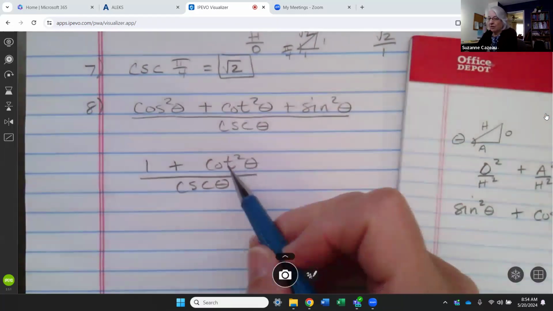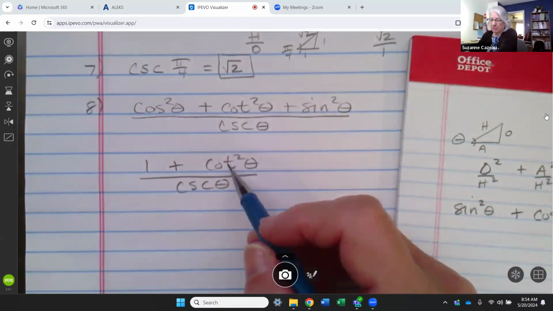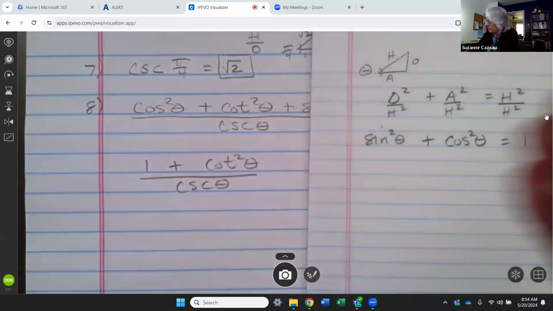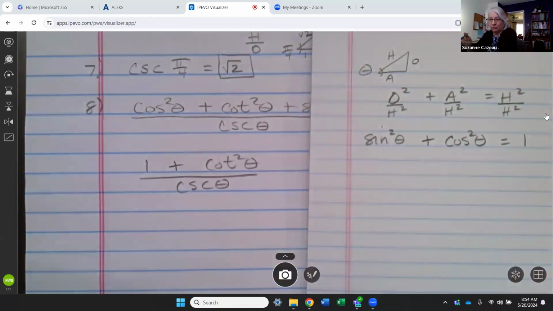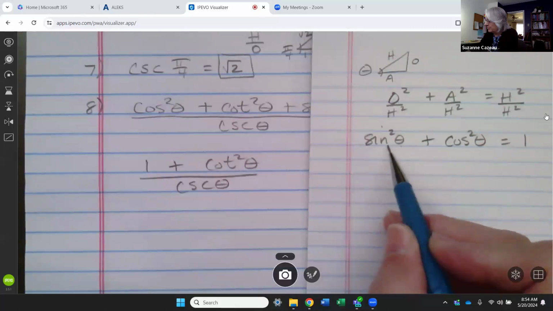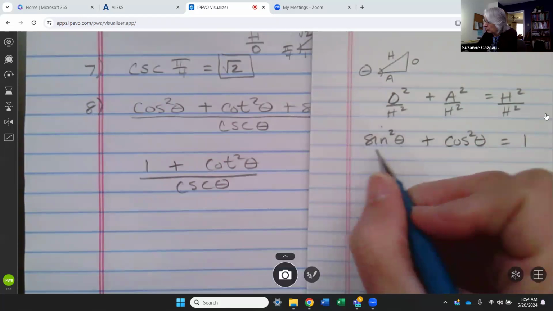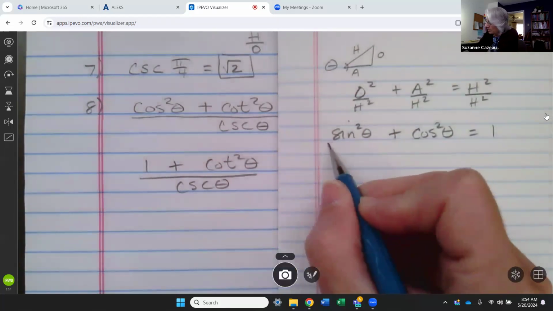Now I know that cotangent is the reciprocal of tangent, so I need adjacent over opposite. I know tangent is sine over cosine also. So if I want tangent, I'm going to have sine over cosine, so I'm going to divide all this by cosine.